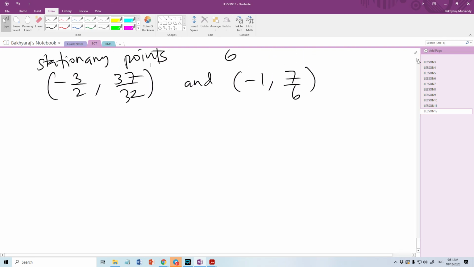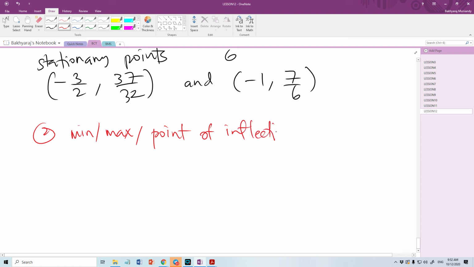To get the minimum, maximum, then we need to do the second order. Of course we need to get the second order.